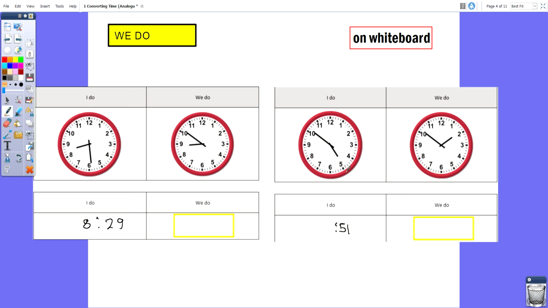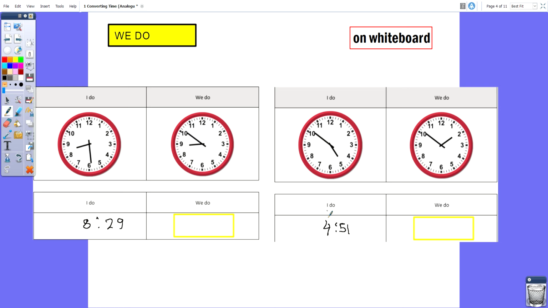Now it hasn't quite touched 5 yet, so the hour is still going to be 4, because that's the last number it went past. Remember, as the minutes get closer and closer to 12, what it means is it's almost 5 o'clock, but it's not quite 5 o'clock yet. So it's always going to be the last number it went past. Even if it's really, really close to the next one, it's still going to be 4:51.